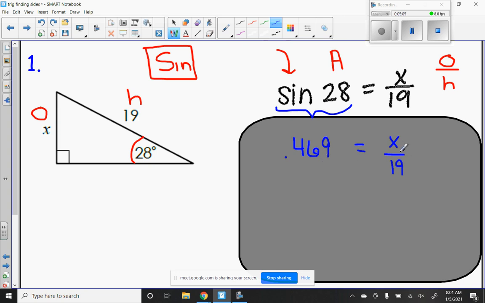This says x divided by 19 equals 0.469. So the objective is to get x by itself. If x is being divided by 19, what's the opposite of divide by 19? The opposite is multiply by 19.